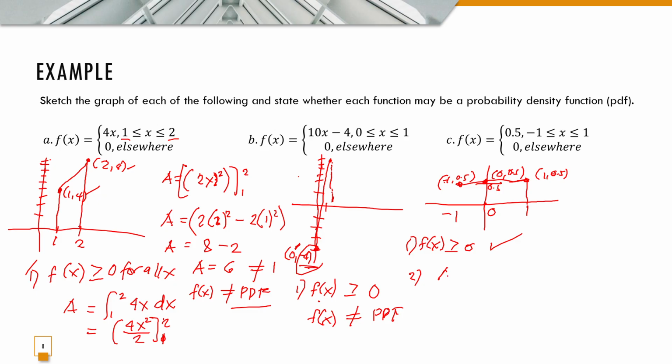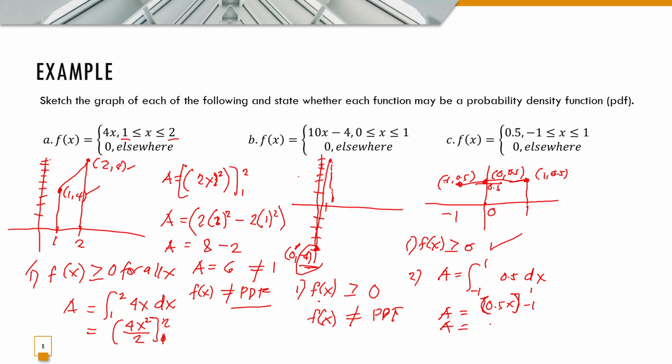We need to integrate. The area is equal to the integral from -1 to 1 of 0.5 dx. So the area is equal to 0.5x from -1 to 1.